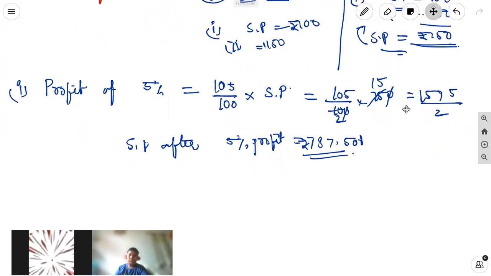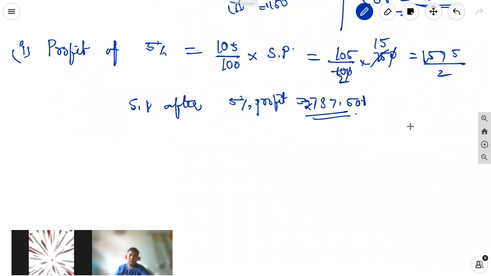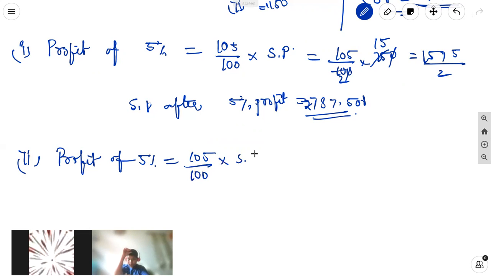Next, for the second case, profit of 5% is equal to 105 by 100 into the selling price. So that is equal to the selling price after 5% of profit.